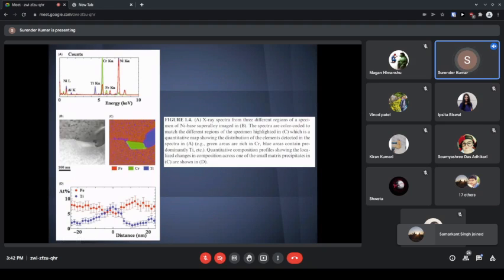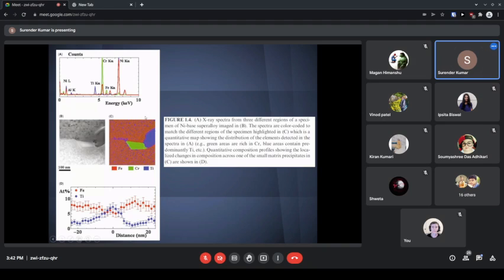For example, you have three elements A, B, C, but you don't know the percentage of A, B, and C. Total it is 100%, so maybe it is A 30, B 50, C 20. But if you want to know exactly how much, then you need characteristic X-rays for this.